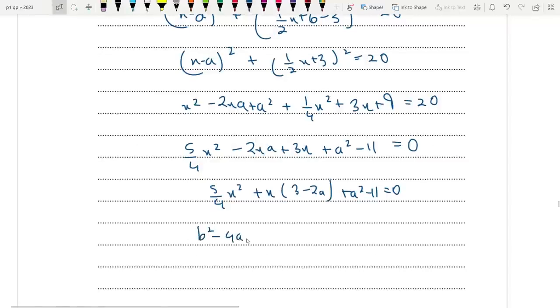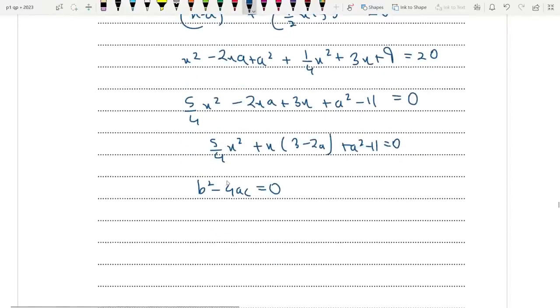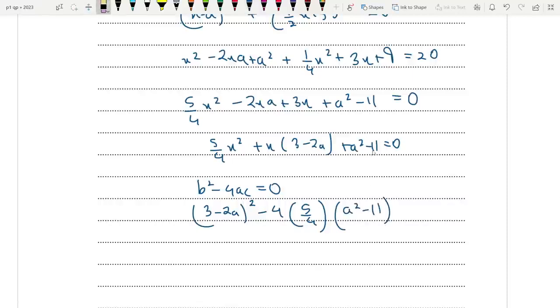b square minus 4ac is equal to 0. Since it's a tangent, roots are real and equal. So b square, (3 minus 2a) whole square, minus 4 into 5 by 4 into (a square minus 11) is equal to 0. This seems a bit too complicated though, but I guess this is the way to go.